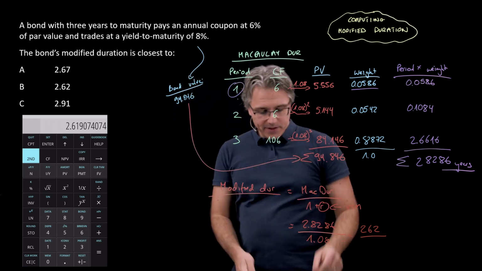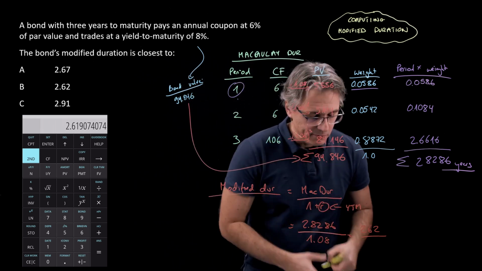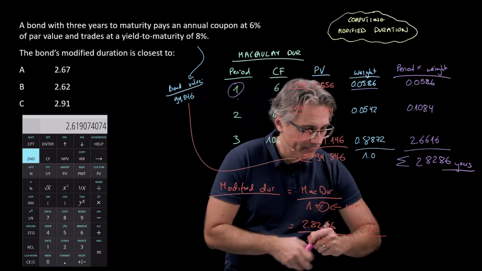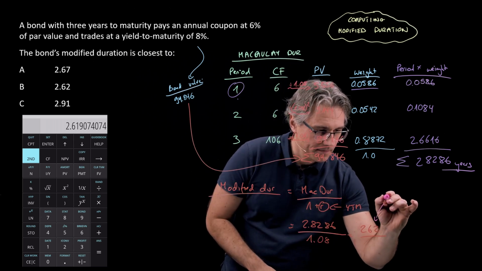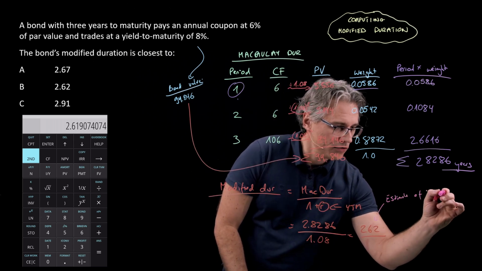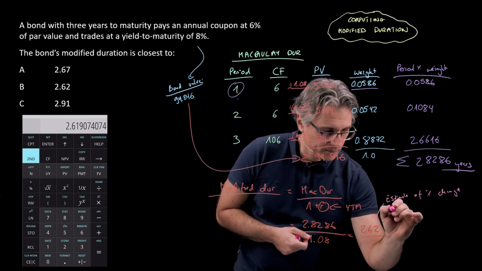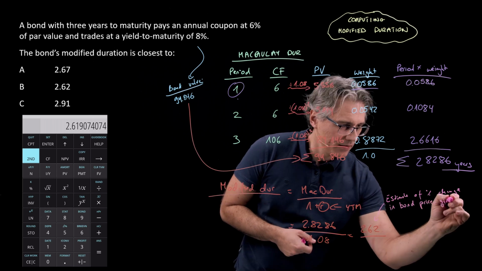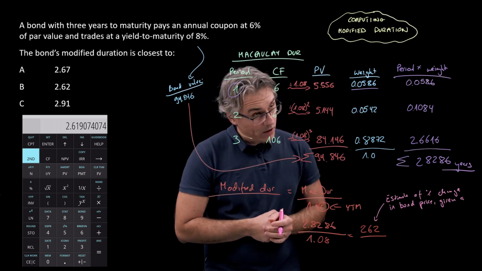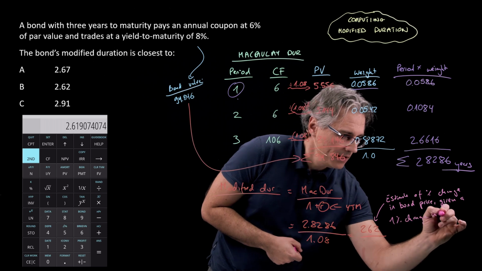And this is an estimate. Let me write this down, although many of you will know this already. Estimate of percentage change in the bond value or in bond price given a 1% change in interest rates.